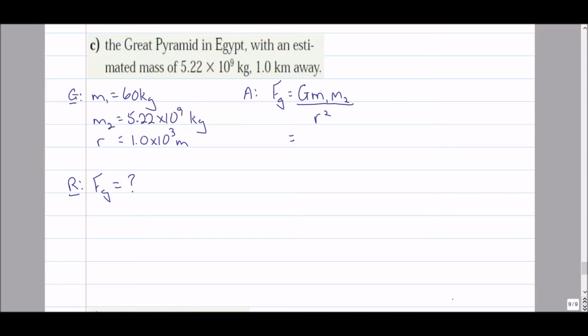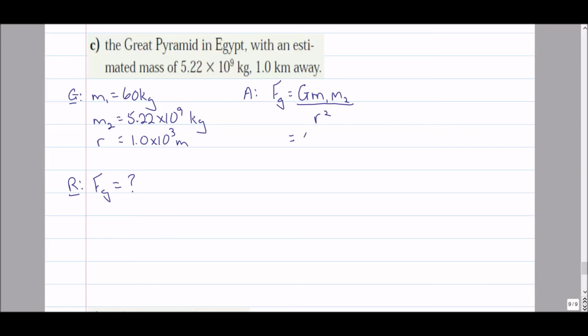So I took the liberty of writing these things down ahead of time in the interest of time. So we've got 60 kilograms for our first mass, 5.22 times 10 to the power of 9 kilograms for our second mass. The separation distance is 1 kilometer. So that's 1 times 10 to the power of 3, because a kilometer is 10 to the power of 3 meters. And then we can just plug and play.